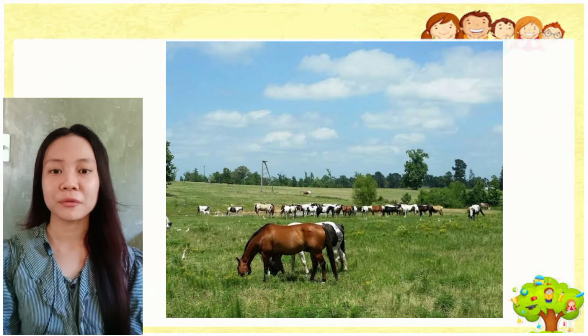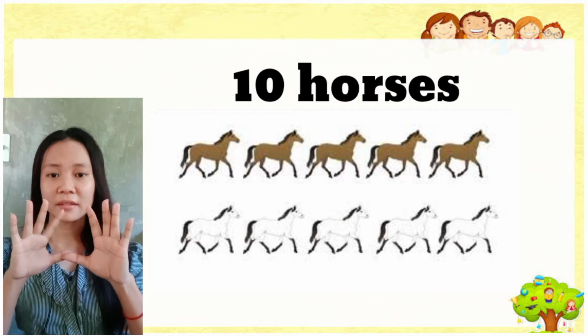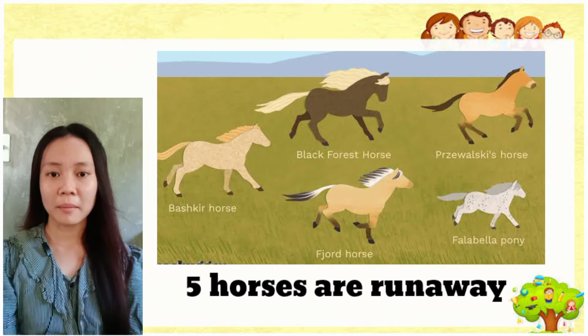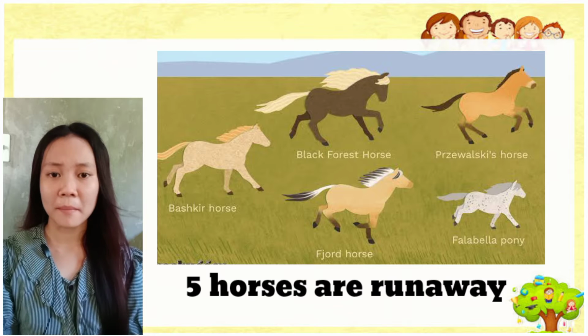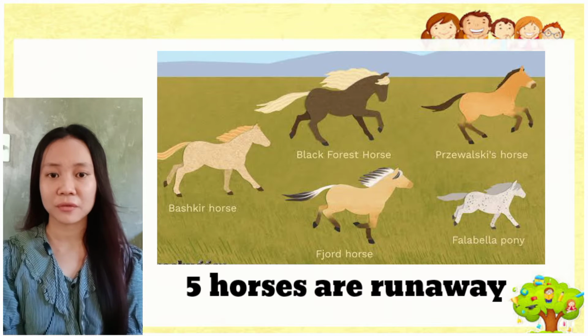For today in the farm, I see 10 horses. Then 5 of them run away. So how many of them are left? Or we can say, how many horses are left?